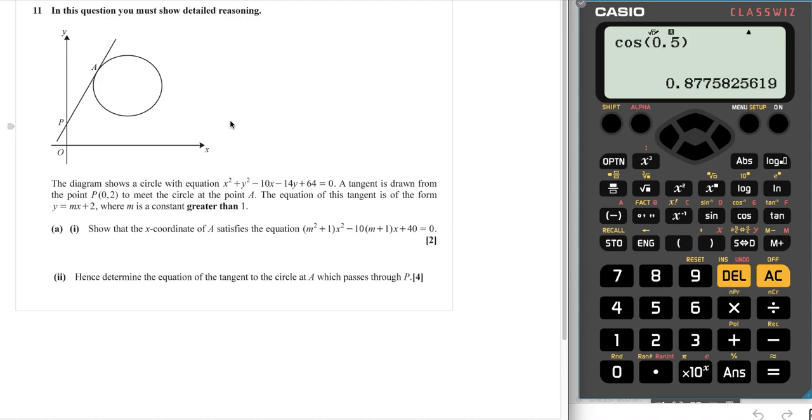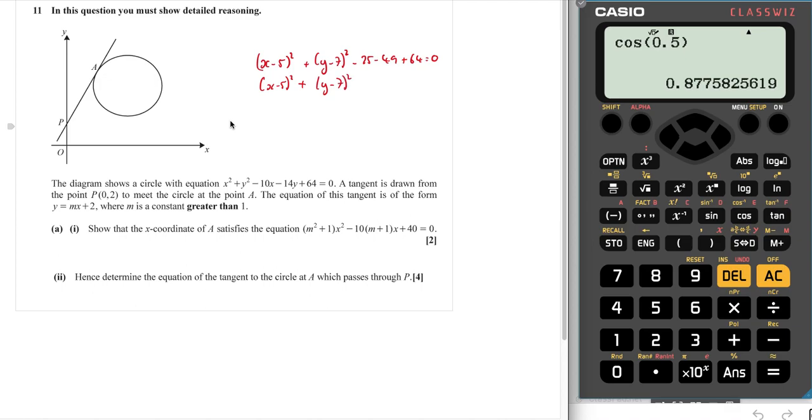So we've got x minus 5 plus y minus 7 all squared, minus 25, minus 49, plus 64 is 0. X minus 5 all squared plus y minus 7 all squared.